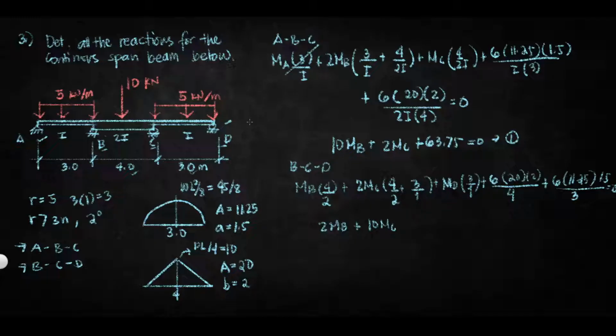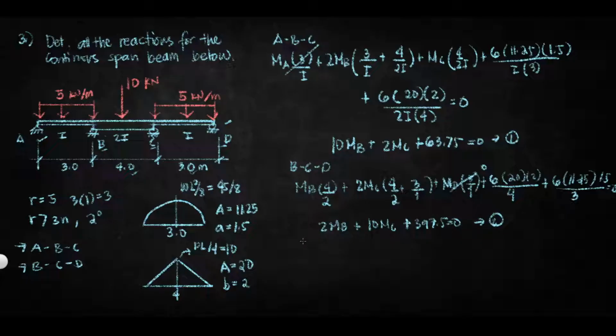Nasa end support yung point D. So automatic 0 na yan. 0 to. Then we have plus 397.5 is equal to 0. This is equation number 2.